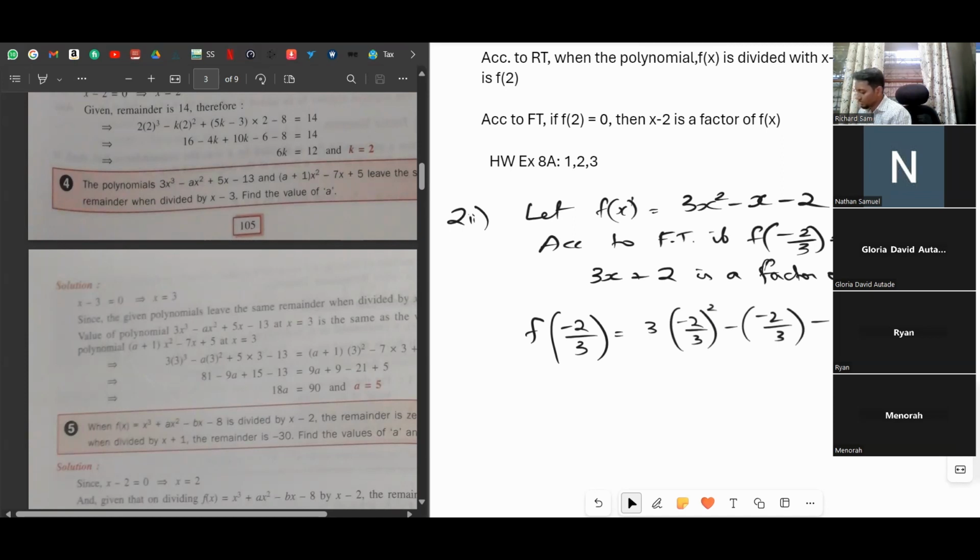We just took 4 plus 2. Where's 3? Oh, common 3. What do you do? 3 is not 2. 4 plus 2 whole divided by 3.